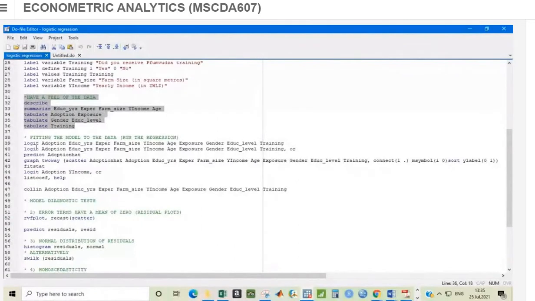So let's go ahead. Now let's fit the model. First, we are going to fit the logit with all those variables.